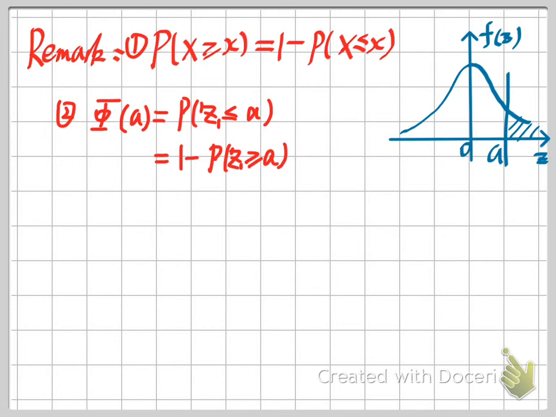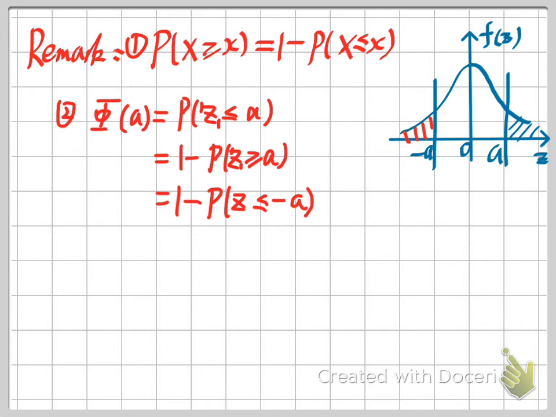And by the symmetry of our graph, this is equal to the red shaded part, which is the probability that capital Z is smaller or equal to negative a.